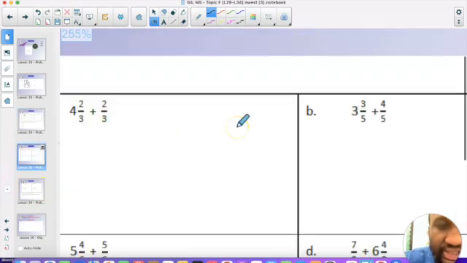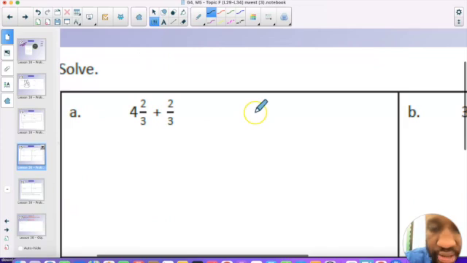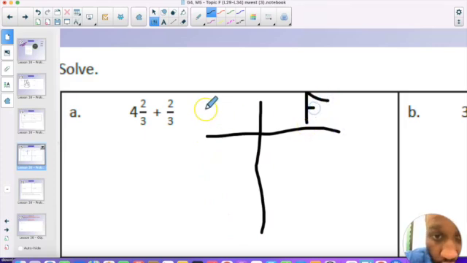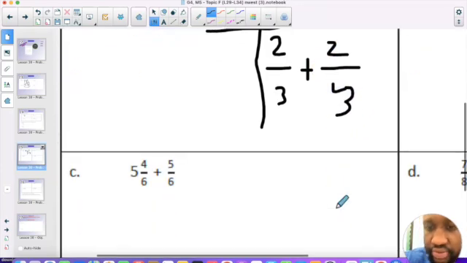And then last but not least, I'm doing 4 2/3 plus 2/3. So what I'm going to do is make it here. Fractions, whole numbers, 2/3 plus 2/3. 2/3 plus 2/3 equals 4/3.